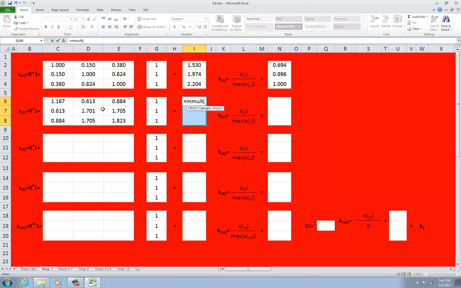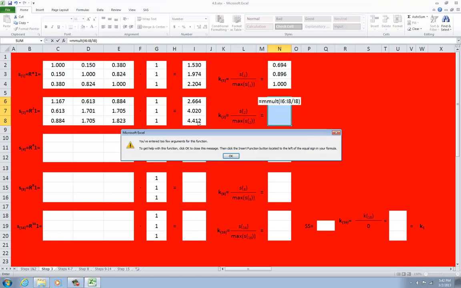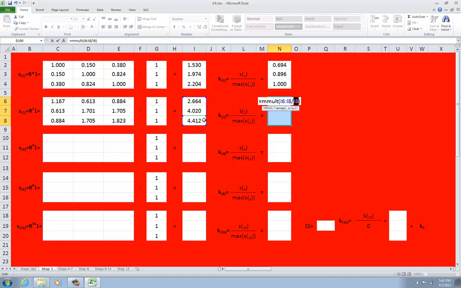We're going to get the row sums, and then the trial eigenvector K2 divided by 4.412, since that's the largest one. Okay, so that gives us 1.